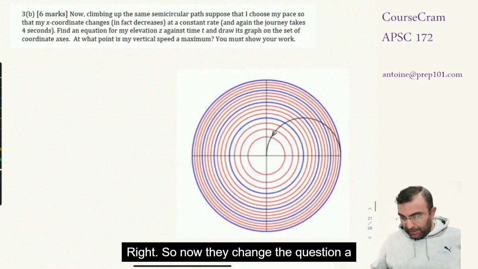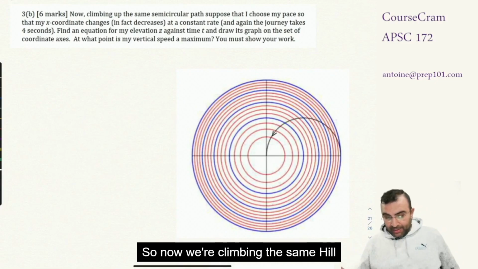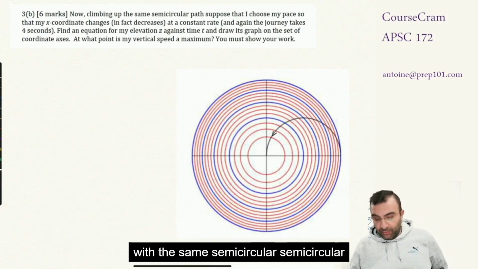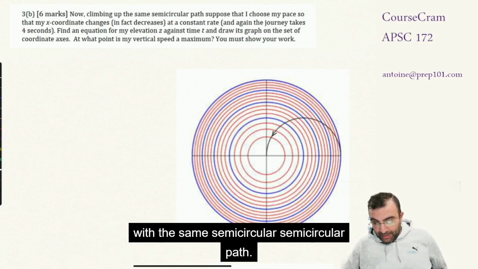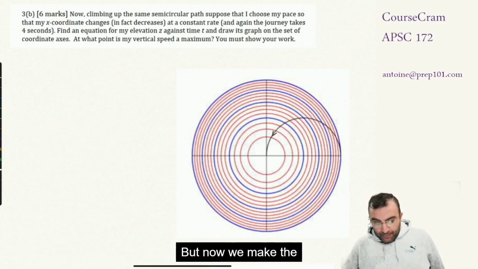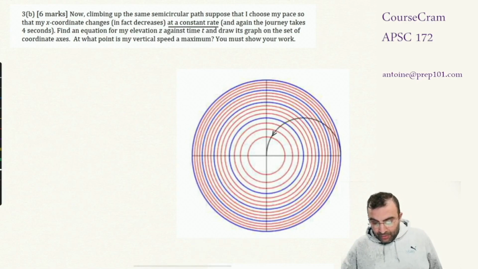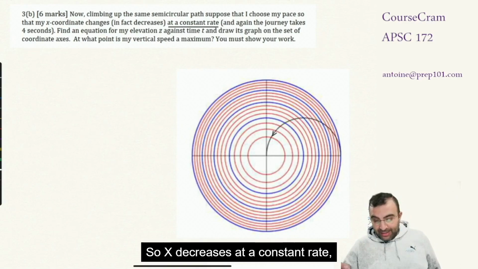Now they changed the question a little bit. So now we're climbing the same hill with the same semicircular path. But now we make the x coordinate decrease at a constant rate.